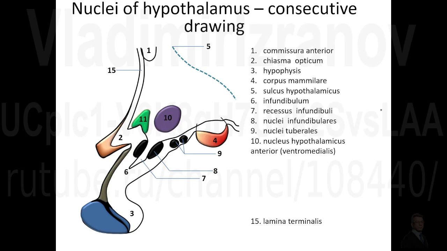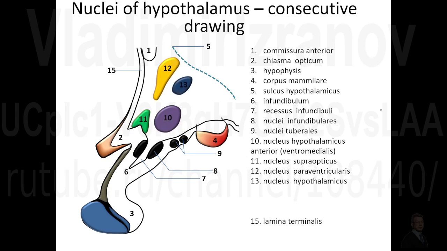Number 11, nucleus supraopticus. Number 12, nucleus paraventricularis. Number 13, nucleus hypothalamicus dorsomedialis. And number 14, regio or area hypothalamica dorsalis.